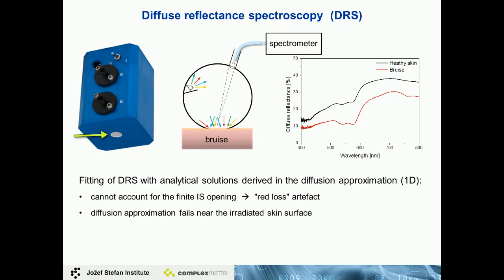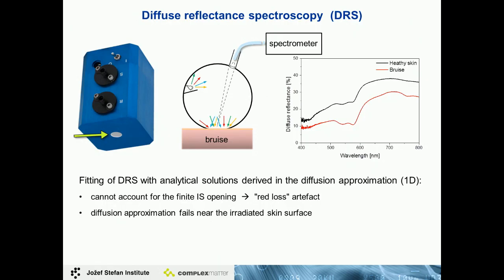I just want to comment on some previous attempts at this problem of analyzing bruises. Fitting diffuse reflectance at each wavelength with the analytical solutions derived within the diffusion approximation theory has serious drawbacks. For one, it cannot account for the so-called red loss artifact, which arises because the light at the longer wavelengths is lost from the integrating sphere because the effective path length becomes comparable to the orifice.